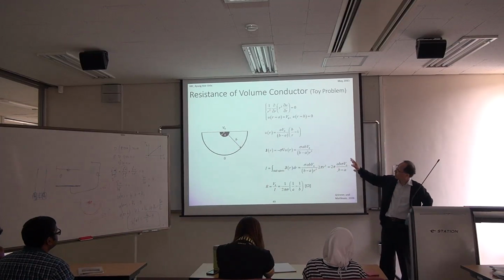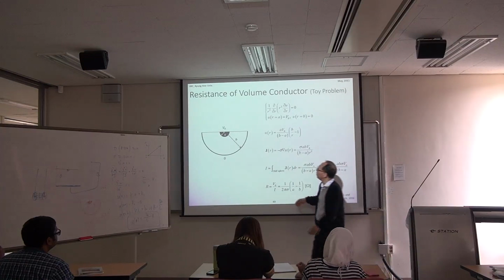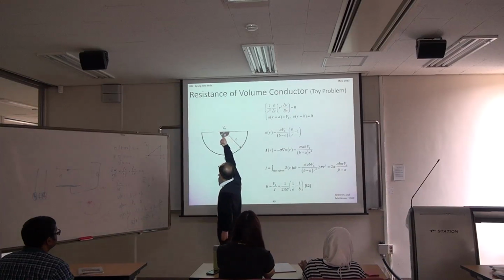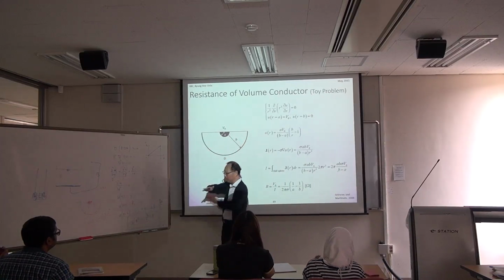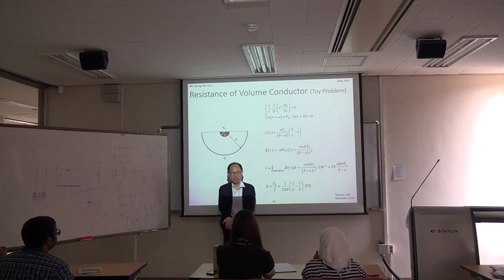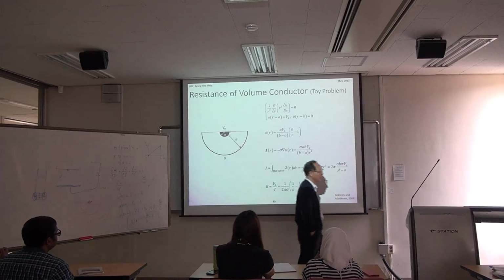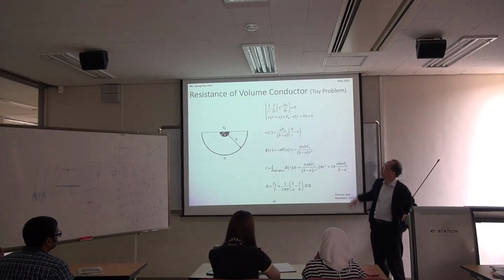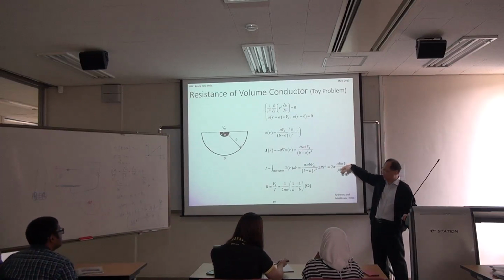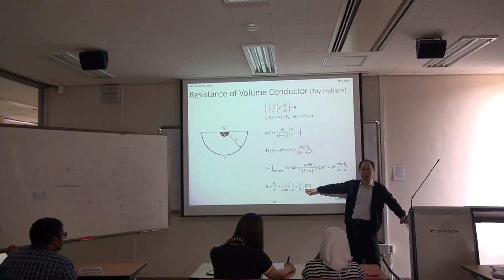This is a little bit modified question. When you have one electrode like this one and another electrode as a half sphere down here, what's the resistance? Then you can do a little bit more mathematics. Then you can find this kind of formula.